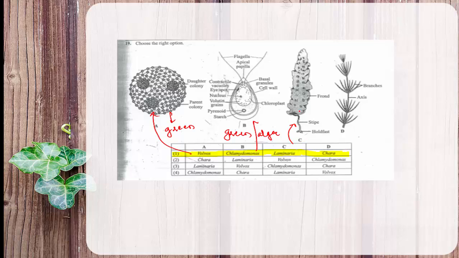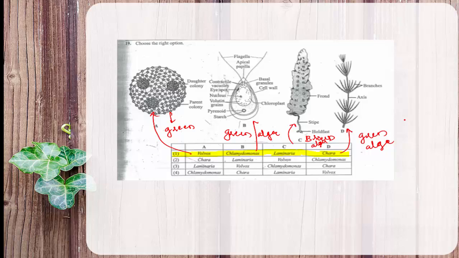Laminaria, hope you remember, is a member of brown algae. And Chara is also a member of green algae. So Phaeophyceae and Chlorophyceae members are represented with the images.